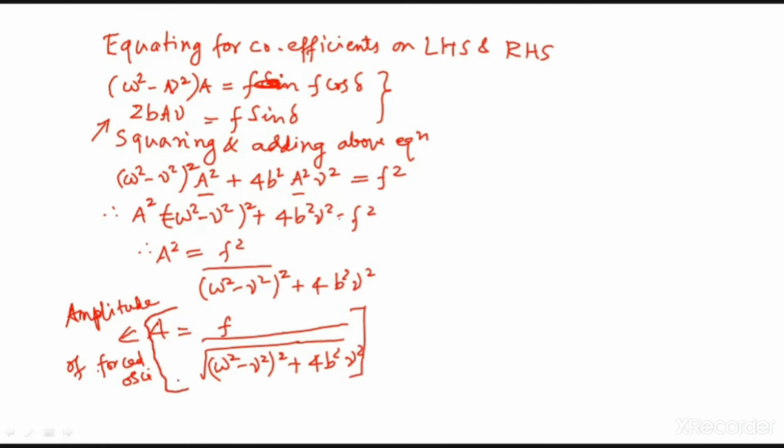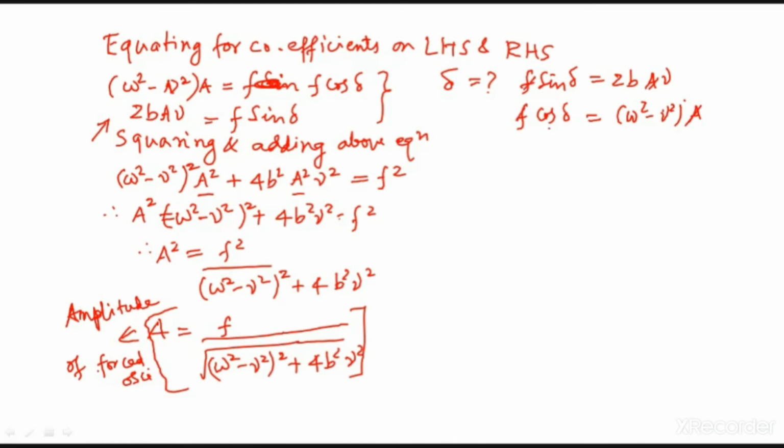So we got the amplitude expression with respect to the forced oscillations. And using this, I can get delta also. How do I get it? I'll take f sin delta is equal to 2b mu a, and f cos delta is equal to omega square minus mu square times a.